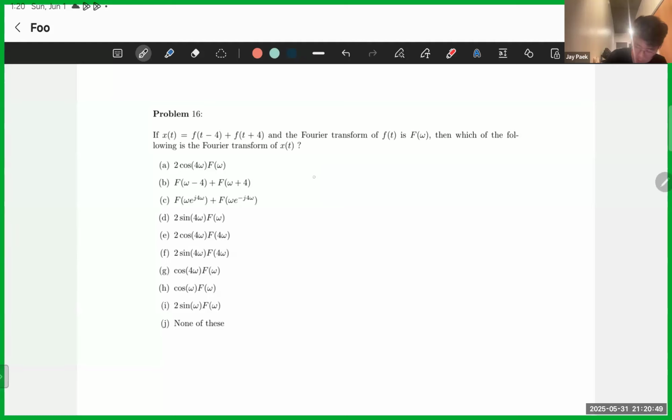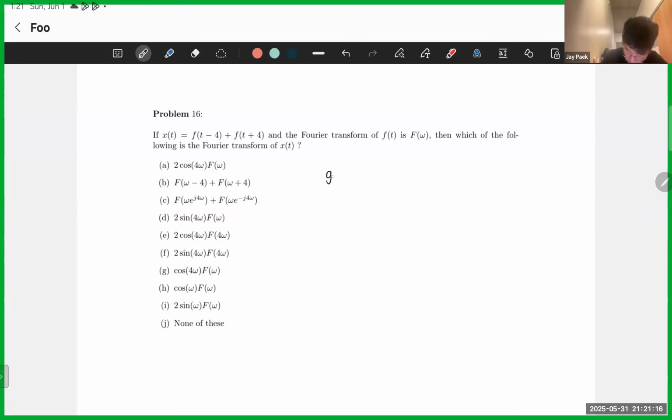We know that any function translated, let me do an arbitrary function, g of t.